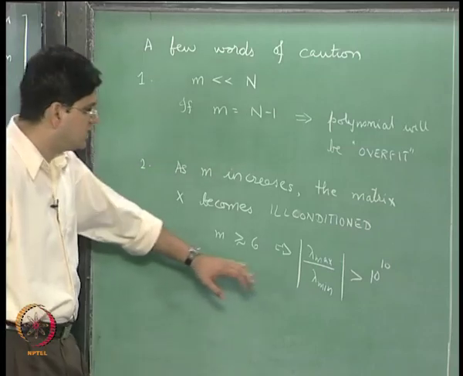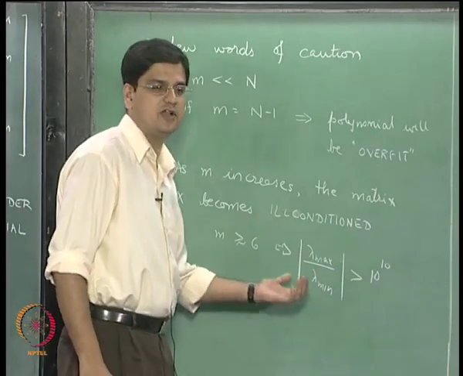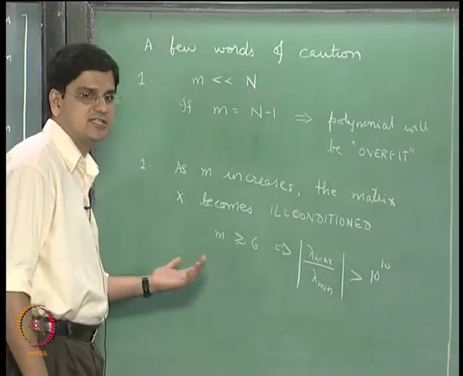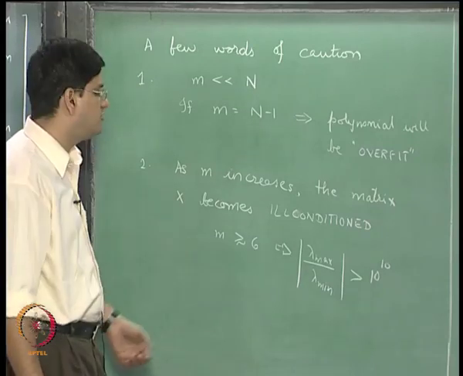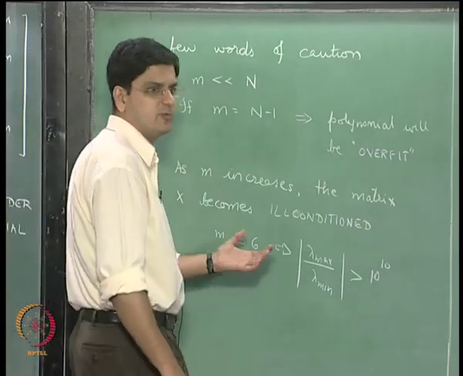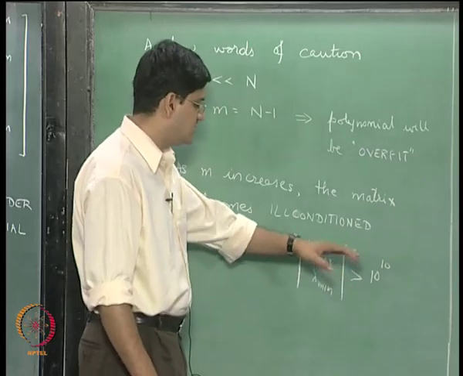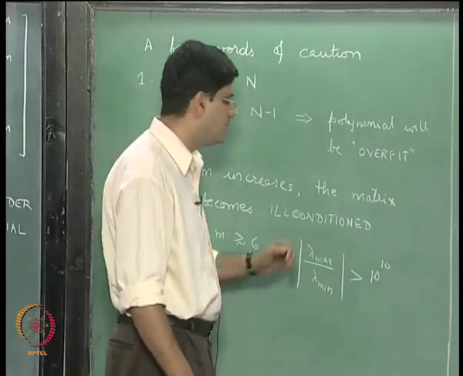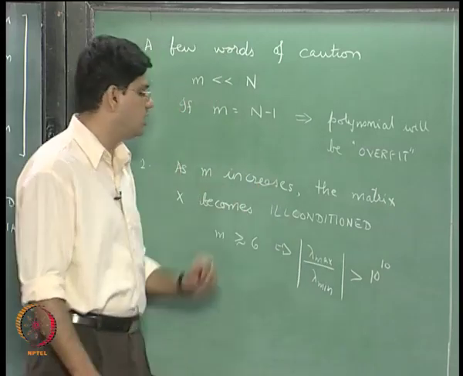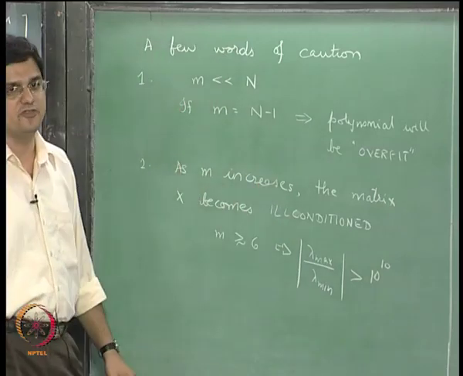Under these conditions, if you try to invert the matrix X transpose X, an inversion algorithm that we are trying to use should give a warning that this particular matrix is going to be ill conditioned, and we may not be able to rely on the results that we obtain from this matrix.